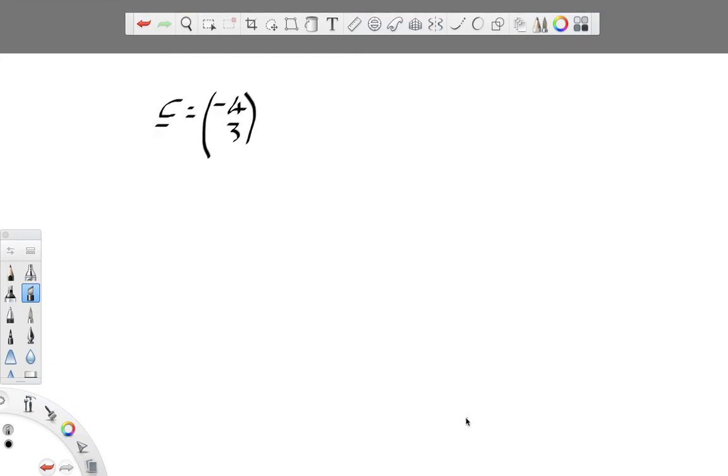Now the vector C. So the horizontal component here is minus 4 and the vertical component is 3. So this is slightly different now because we've got a minus involved. It's no problem, we attack it in the same way. So we're calculating the magnitude. So we've got minus 4 squared. I'm just going to write that in brackets just to make it very clear what I mean. So minus 4 squared plus 3 squared, all square rooted.